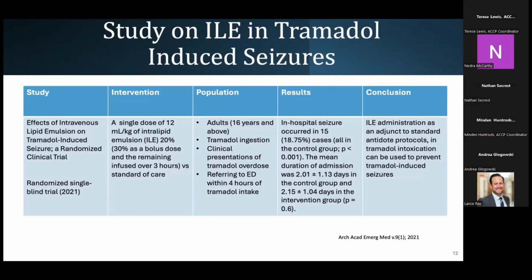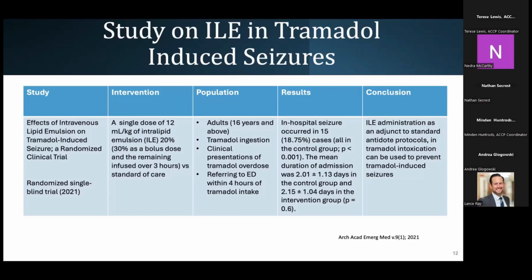And the average dose of tramadol that patients presented with that elicited seizure was about 300 milligrams. So not the typical dose that we would see for patients who are presenting with tramadol overdose. As mentioned before, we tend to see tramadol toxicity in doses greater than 1,600 milligrams per day.